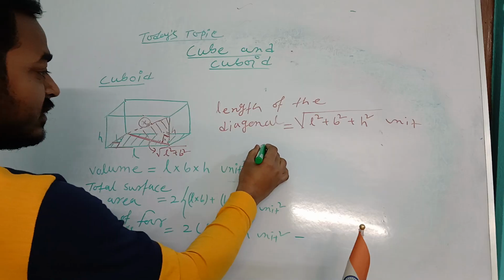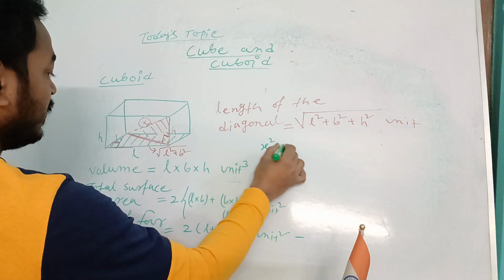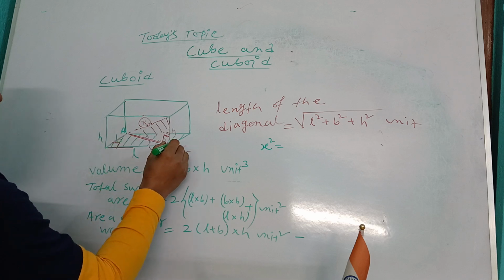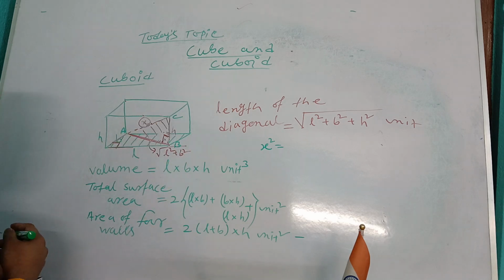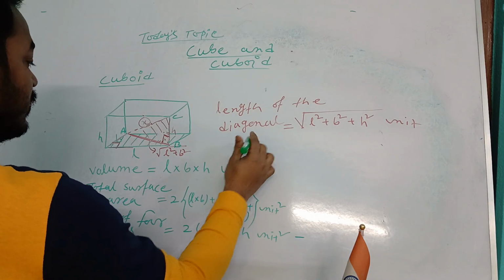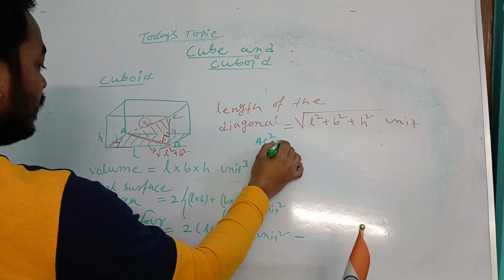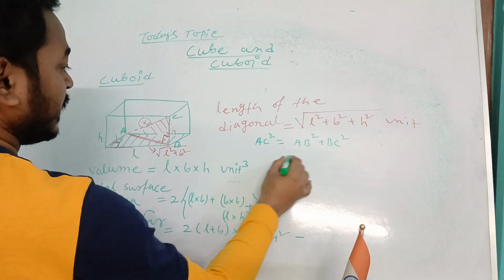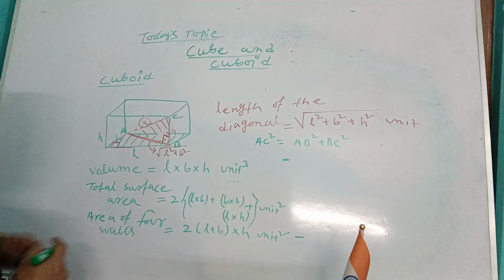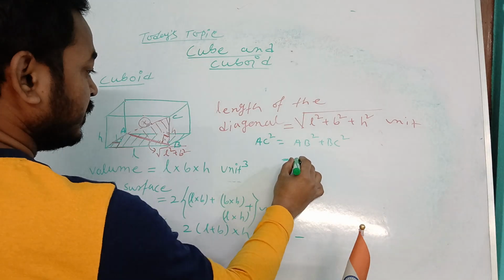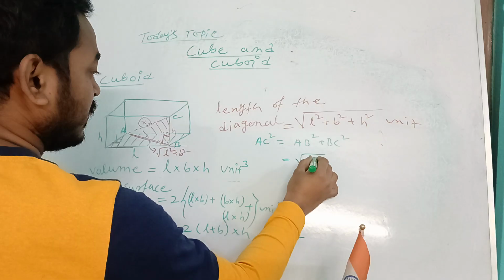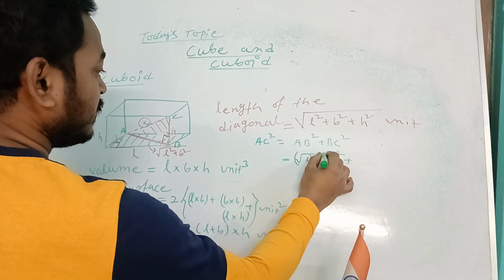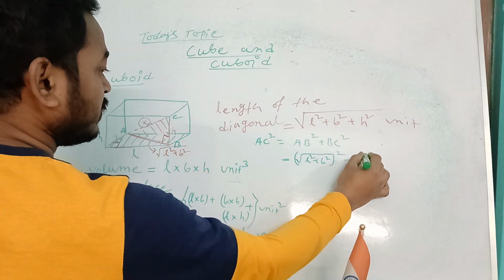So we can write x square, or instead I can write AC square, is equal to AB square plus BC square. Let me put A here, this is point B, this is point C. What is the value of AB? A to B is root L square plus B square, whole square, plus BC, which is H square.